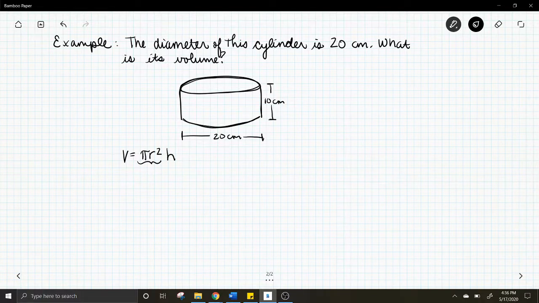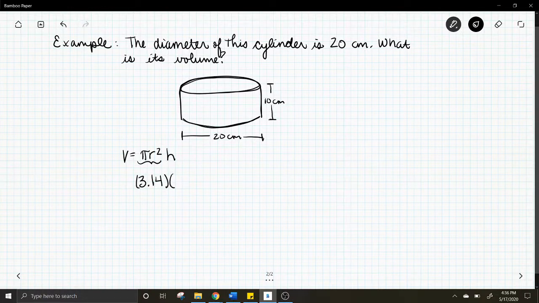So let's find the area of the circle first. For pi, let's write 3.14. Now r, remember, is the radius. This didn't give us the radius, it gave us the diameter, but you have to remember that the radius is half of the diameter.